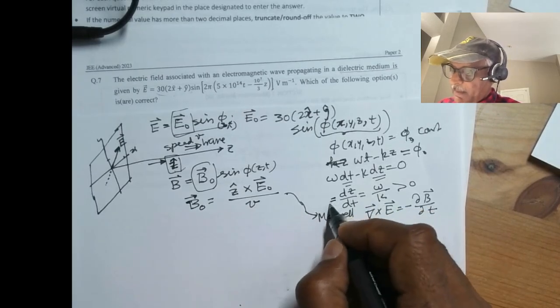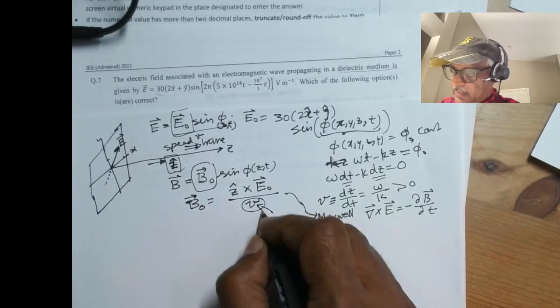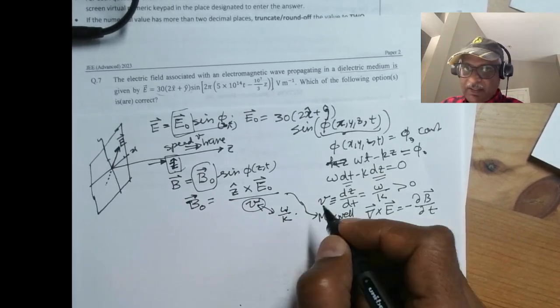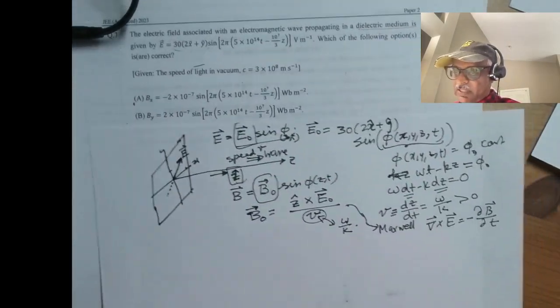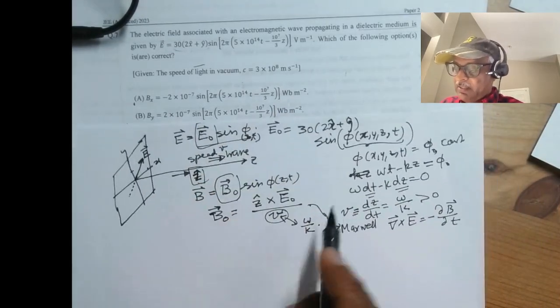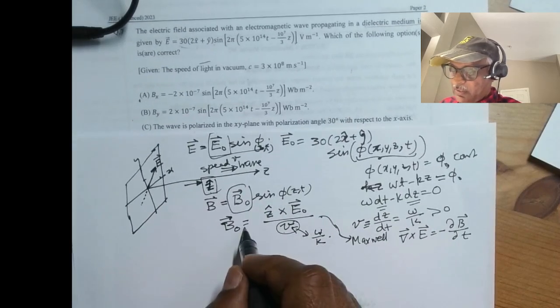V itself is omega over k. So the question here is asking us to actually get Bx, By. For that I need V, and I need to work this out.